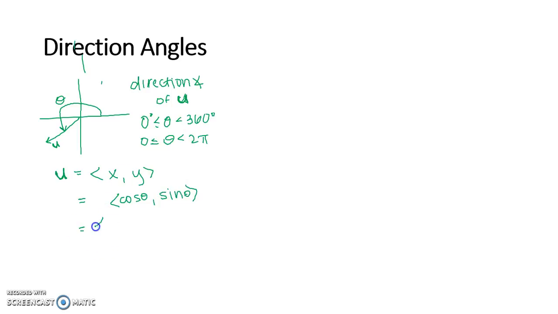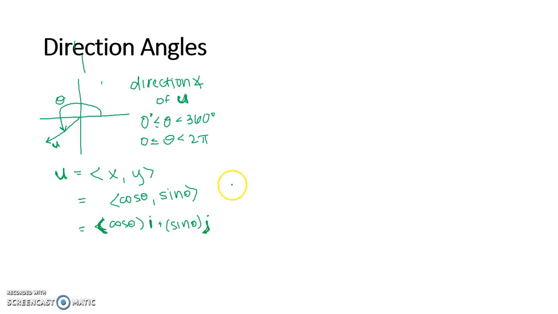You also will have, if you're not in component form, if you're using your i and j, your linear combination, it would be cosine of your angle times that i vector, your horizontal vector, and sine times the j.